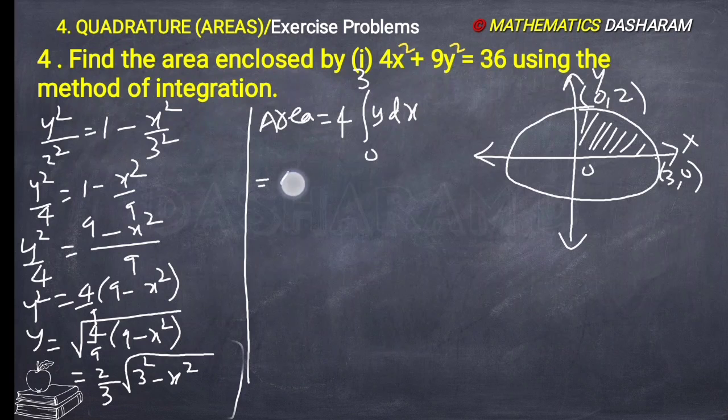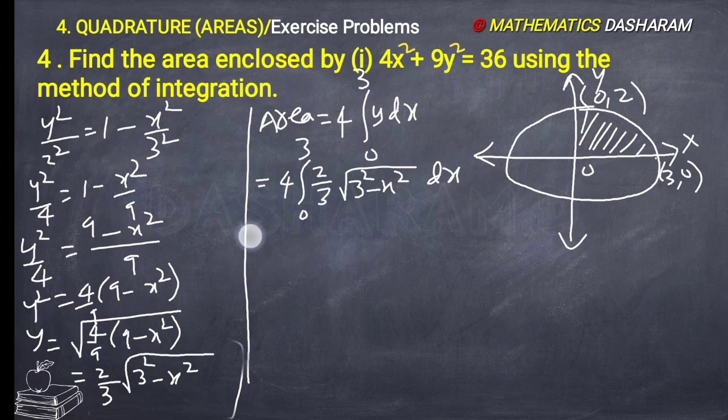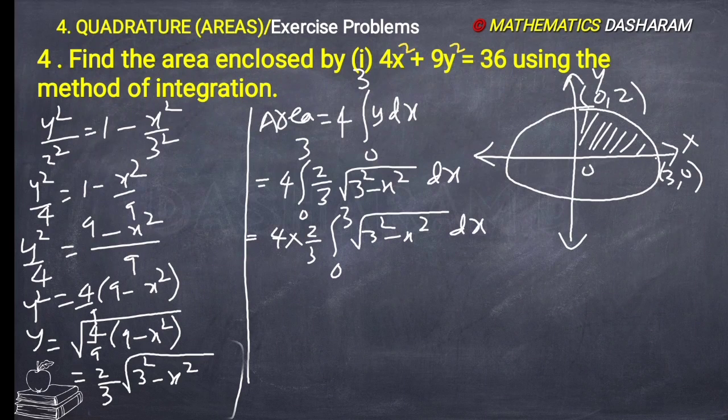So then it is equal to 4 into integration 0 to 3 of 2 by 3 into under root 3 square minus x square dx. Next, 4 into, here 2 by 3 is a constant number, so integration 0 to 3 under root 3 square minus x square dx.